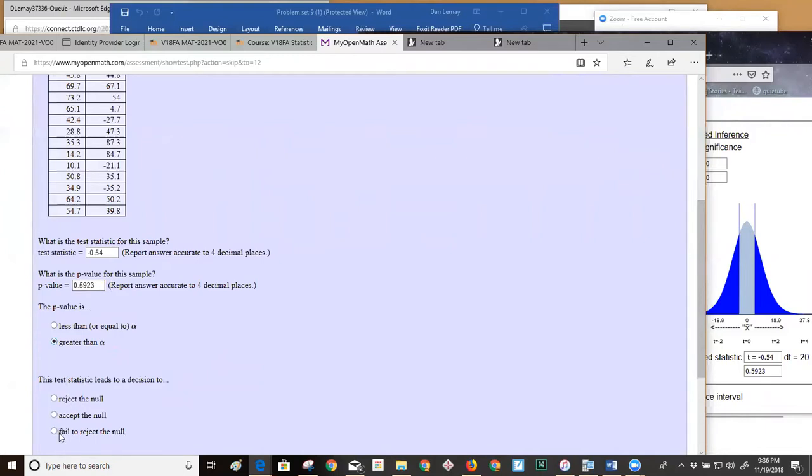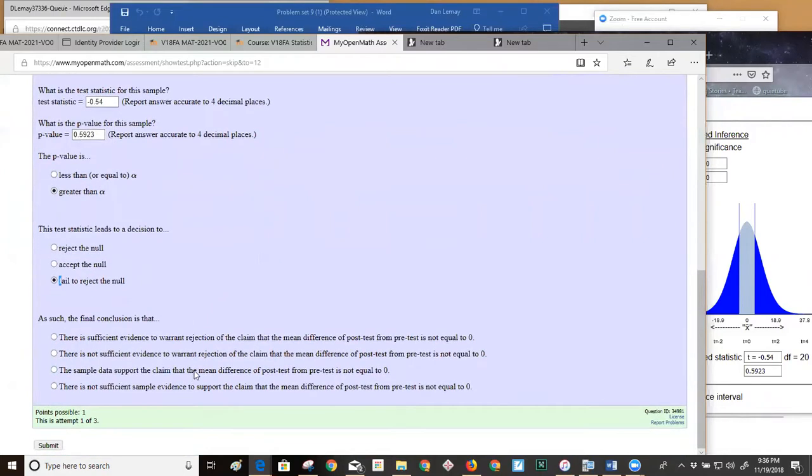So we fail to reject the null hypothesis. And there's not sufficient evidence to warrant the rejection of the claim that the mean difference of the post-test from the pre-test is not equal to 0.